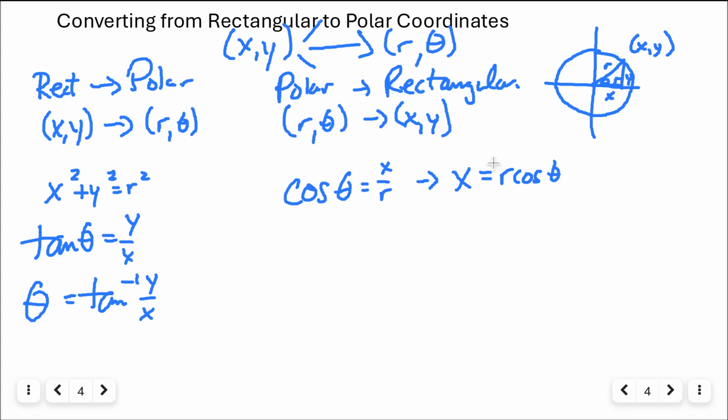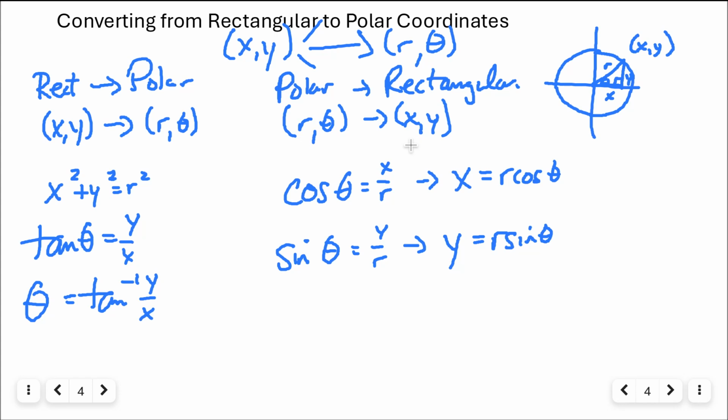So if I substitute them into this formula, it would tell me what the x coordinate would be. And then in the same breath, sine theta is y over r. So y is equal to r sine theta. So if I know r and theta, I can figure out y. So if I use these two equations, that would convert me to a point in rectangular coordinates.